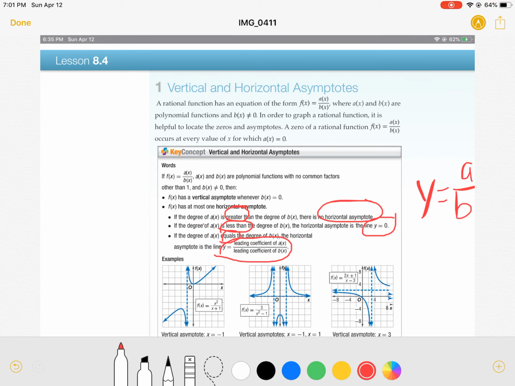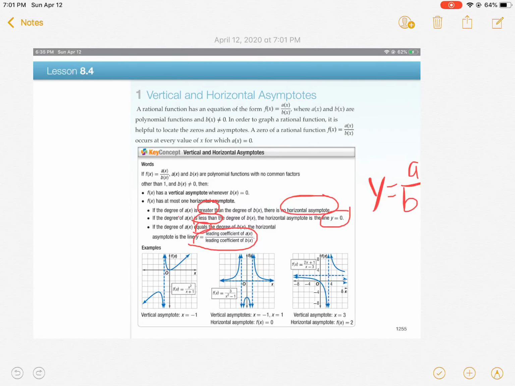Okay, let's look at our first example. Your first example is on slide 1256.